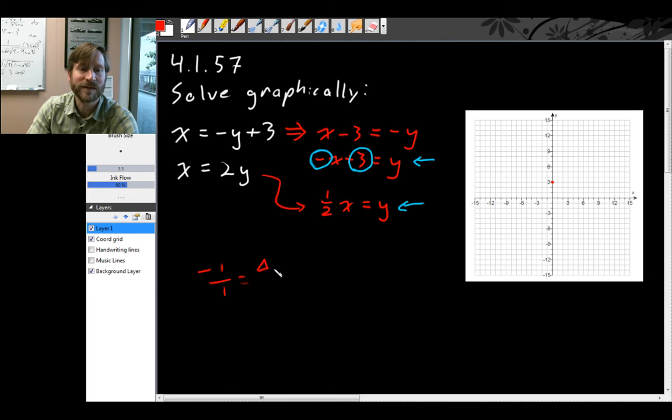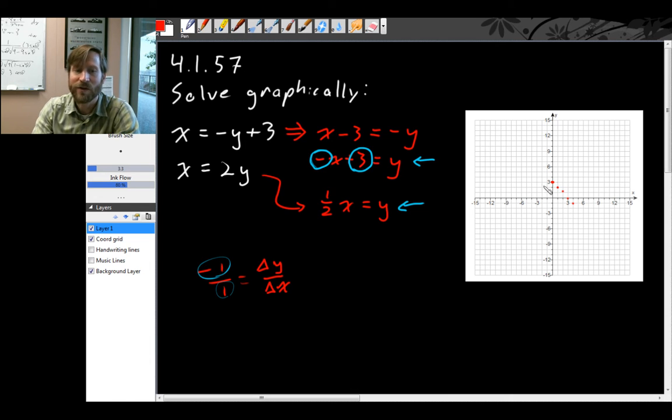And slope is delta y over delta x. So we're going to move right 1 and down 1, starting from our y-intercept. So right 1, down 1, here. Right 1, down 1, here.